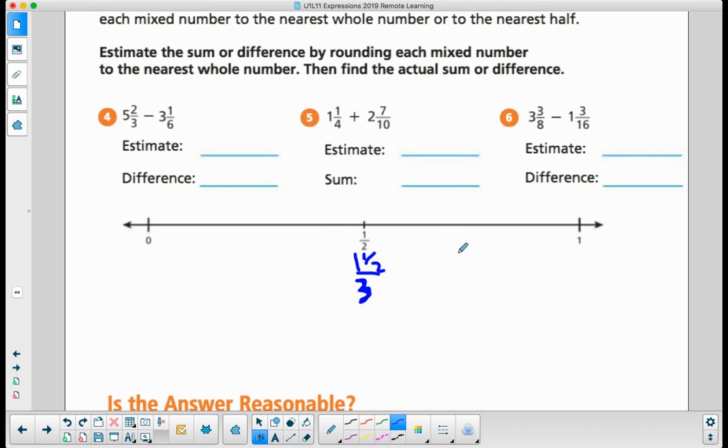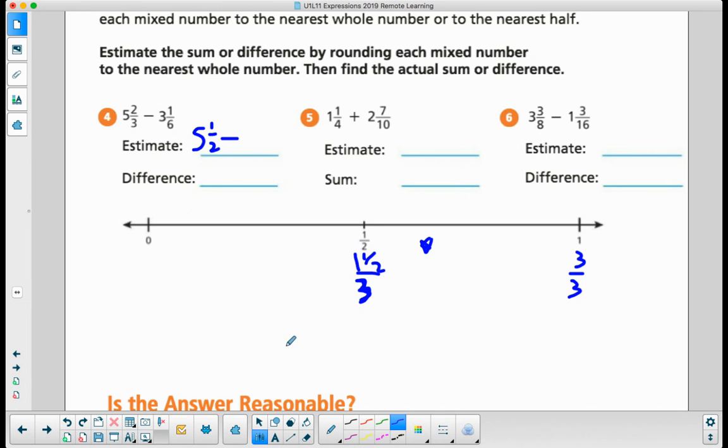So 2/3 is just a half of a third away from a half. And it's a whole third away from one whole, because in a whole, it's 3/3. So 2/3 is 1/3 from 3/3, but it's only half a third, so it's close to a half. Keep your whole number, 5.5.